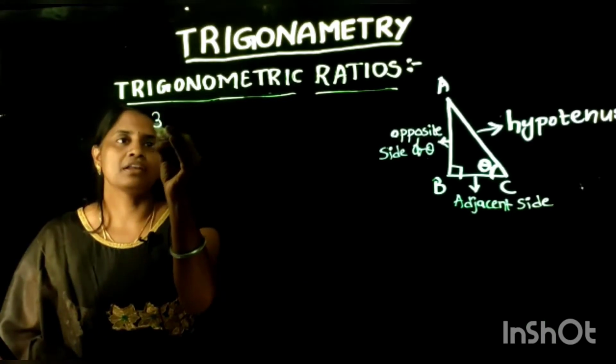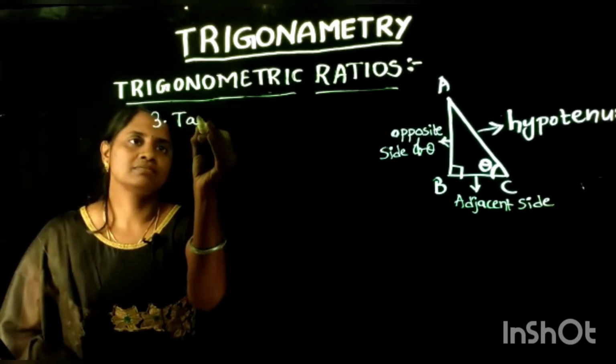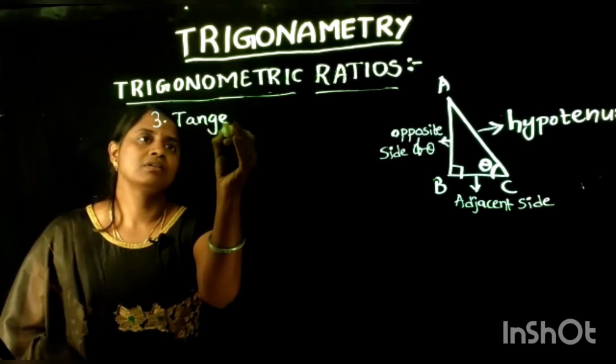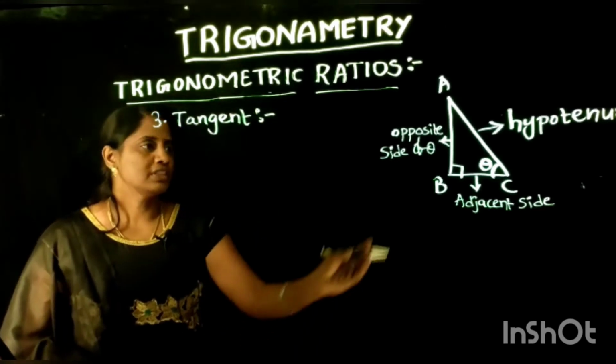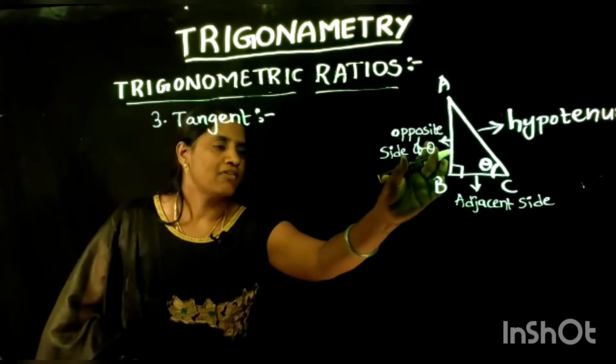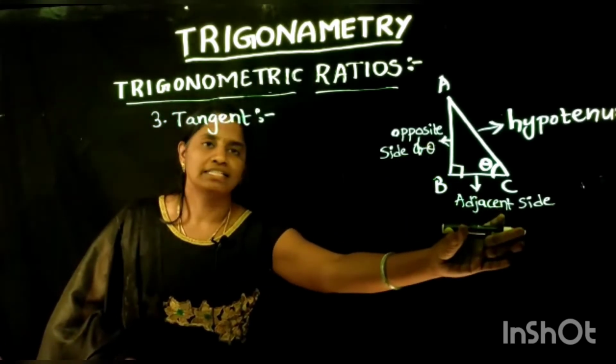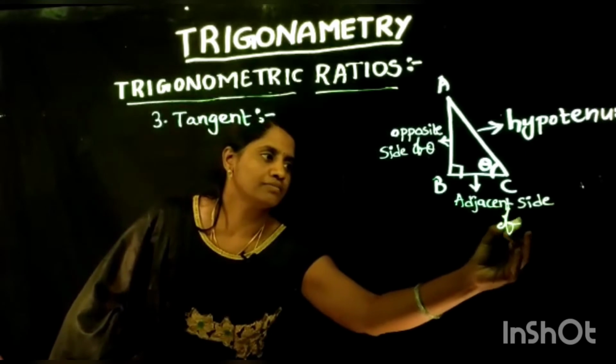The third trigonometric ratio is tangent. The definition of tangent is the ratio between the opposite side of angle theta and the adjacent side of theta.